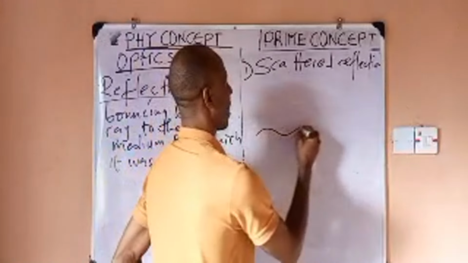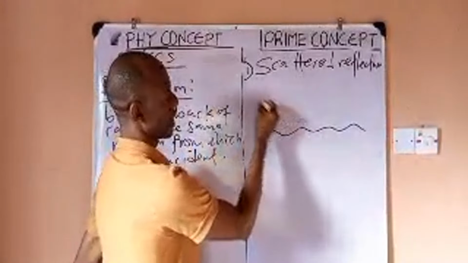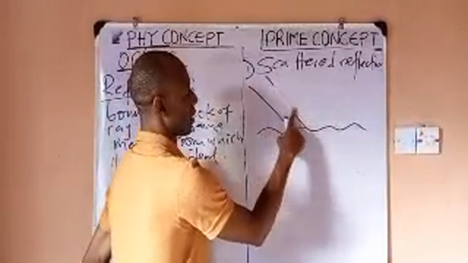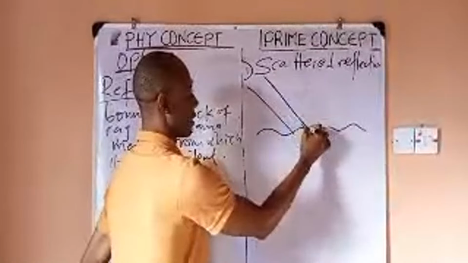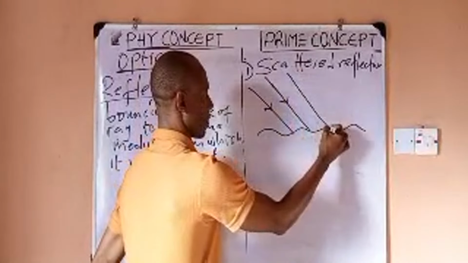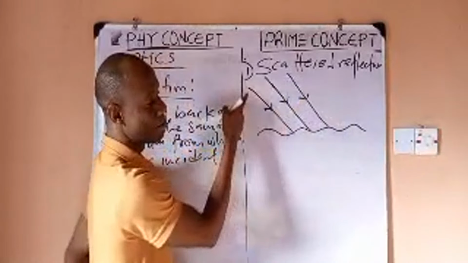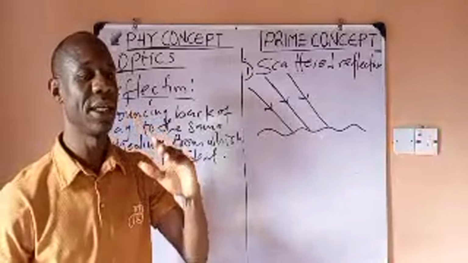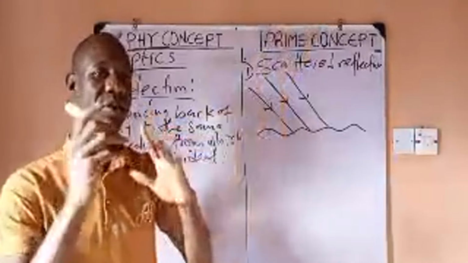So this is what you have. Say this is our rough surface, and you incident parallel rays on this rough surface like this. These are parallel rays. Remember, any ray that is going in is your incident ray. Any one coming out is your reflected ray.